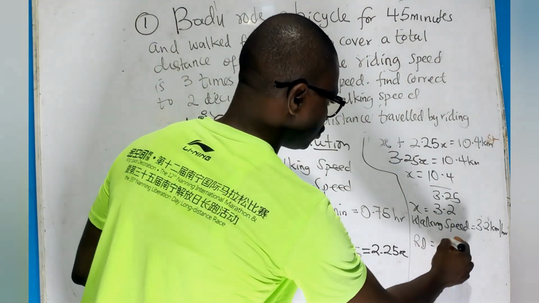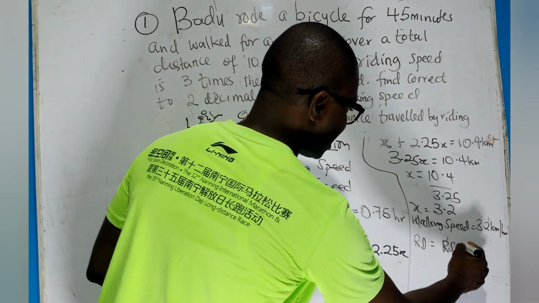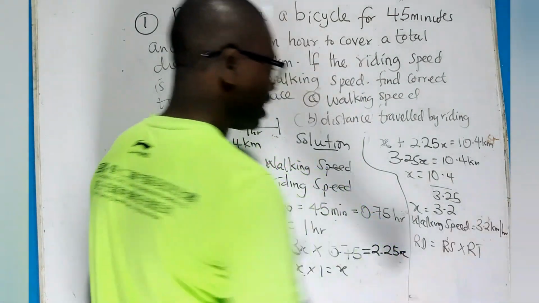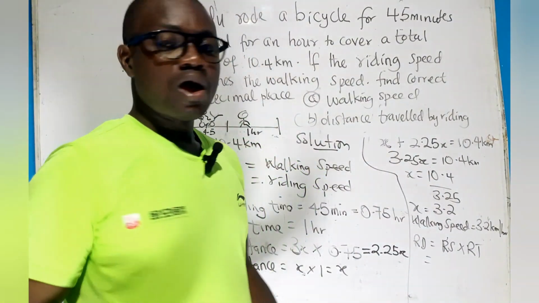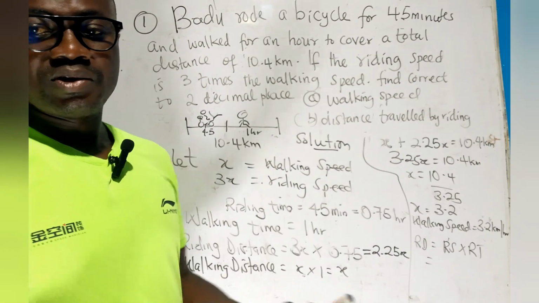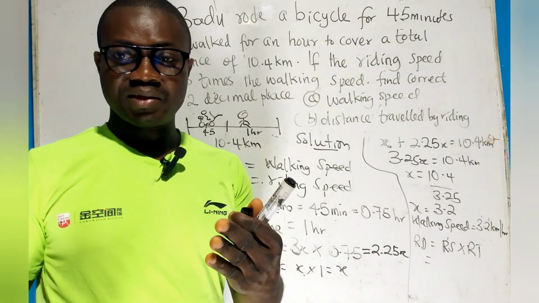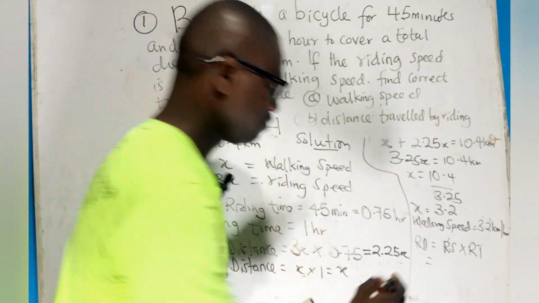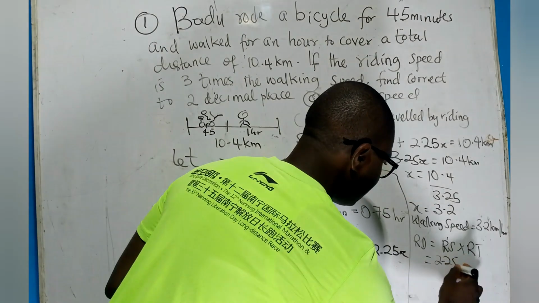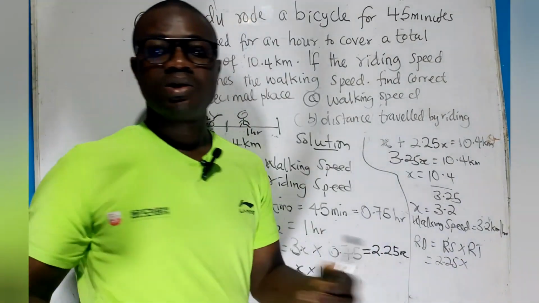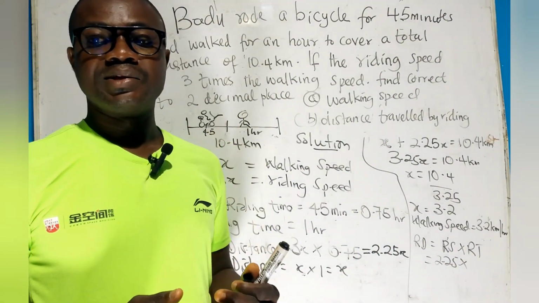Our riding speed was given. What did we have? I know you remember. Our riding speed was 3x, so 3 times 3.2 gives 9.6. Then times our riding time, 0.75.